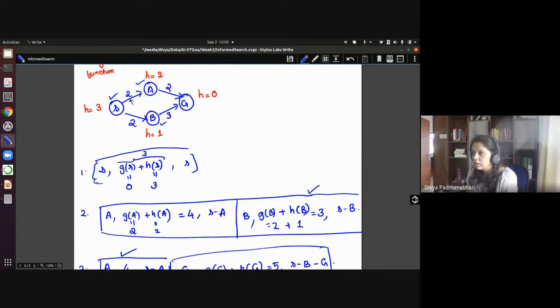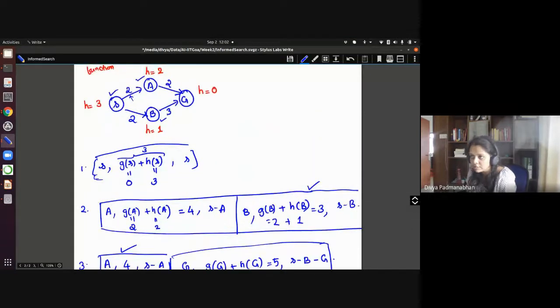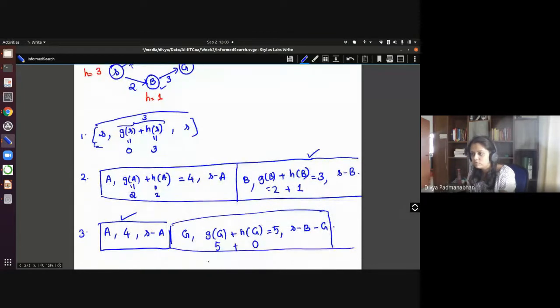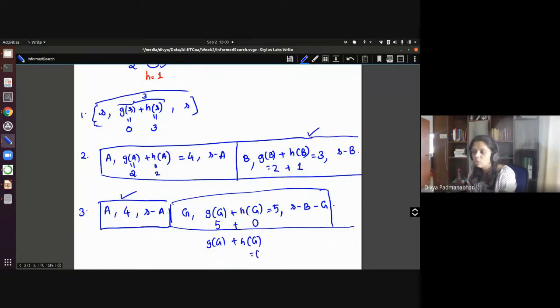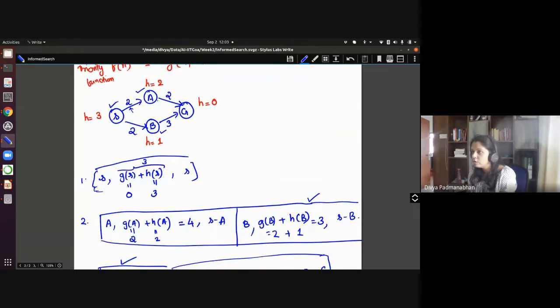Now A has a neighbor, which is also G. So you look at this total cost, and if it is less than the current priority, you're going to update. The revised value of G plus H of G: H of G is anyway 0, and small g of G, going from A, is 4.